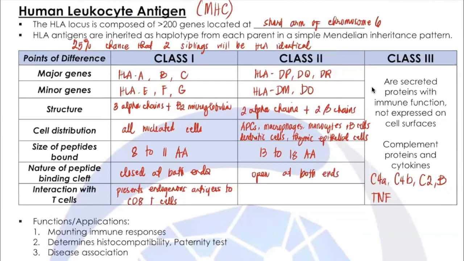Now, the interaction of our class 2 with the T cells is that it presents exogenous antigens. Kanina sa ating class 1, endogenous, dito exogenous antigens, to CD4 T cells.